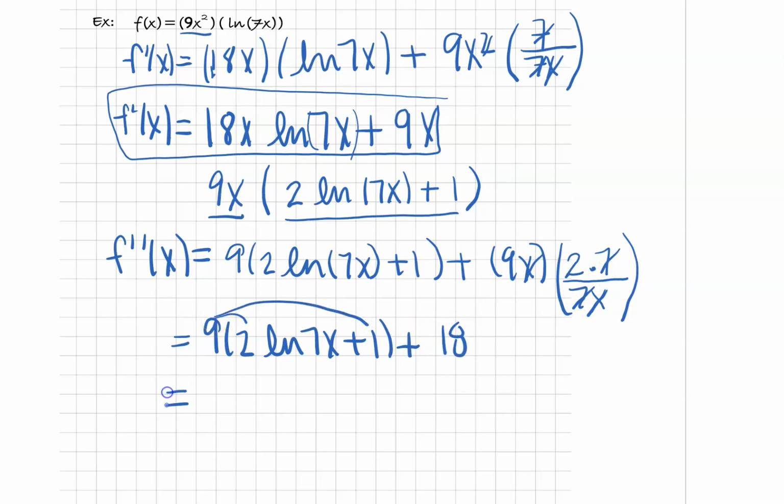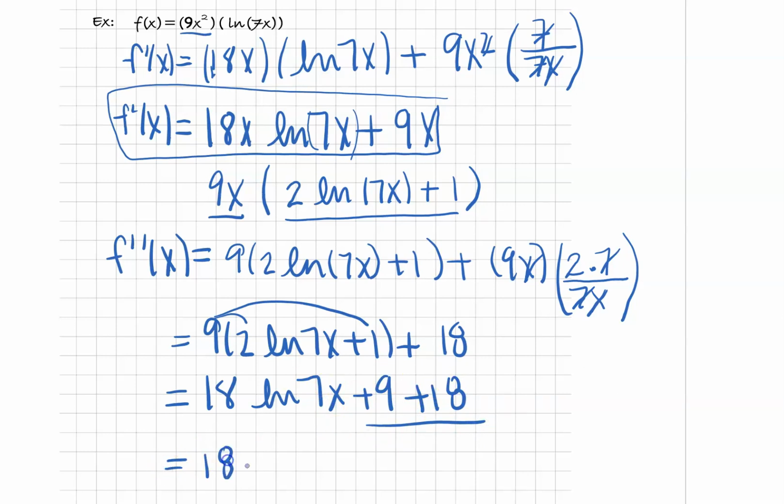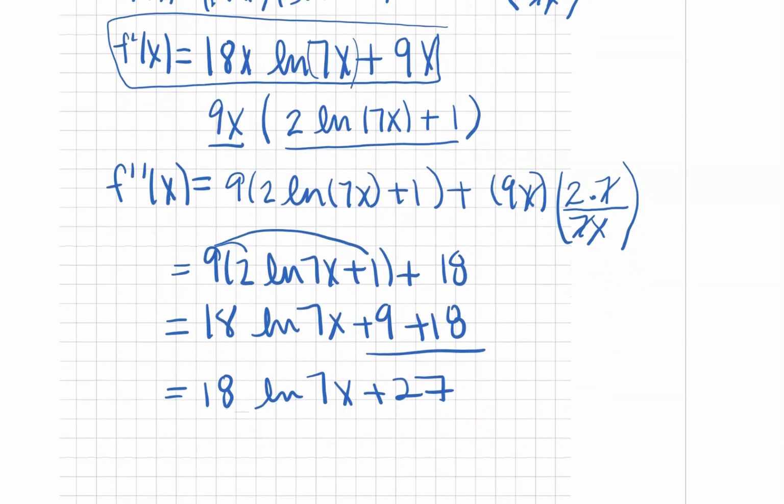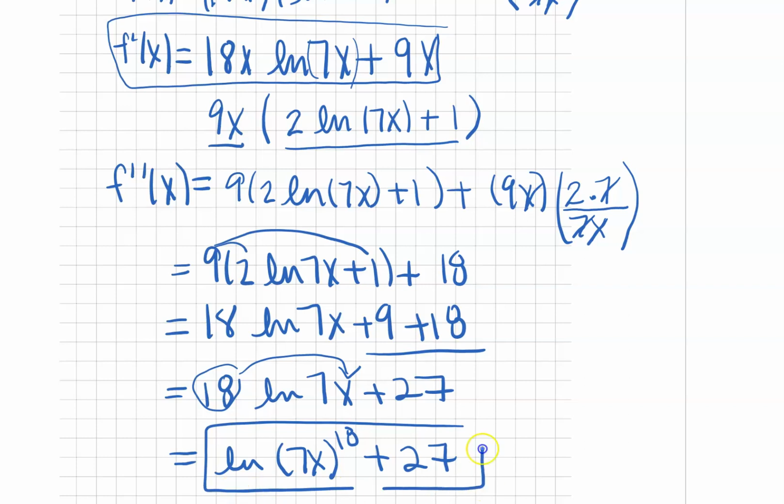I'm going to distribute that out. So it gives me 18 ln 7x plus 9 plus 18. I'm going to combine like terms: 18 ln 7x plus 27. And if I wanted to, I could bring the 18 up to apply my log rules. And so I end up with ln of 7x to the 18th plus 27.